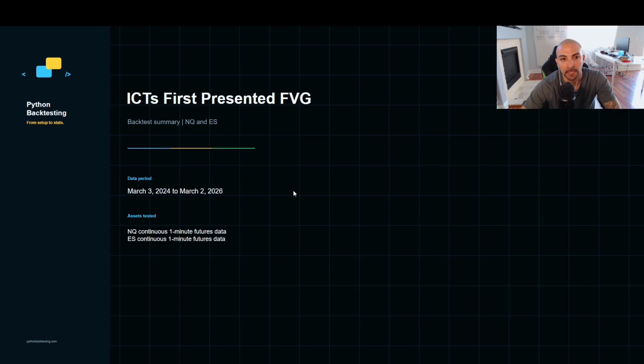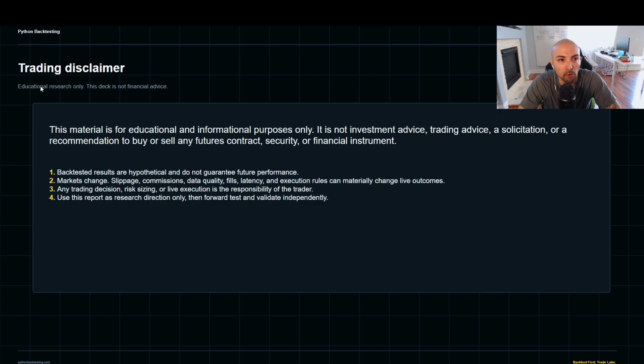So for this backtest, it is ICT's famous first presented fair value gap. And before we get into it, let's go through this trading disclaimer. This material is for educational, informational purposes only. It is not investment advice, trading advice, a solicitation, or a recommendation to buy or sell any futures contract, security, or financial instrument.